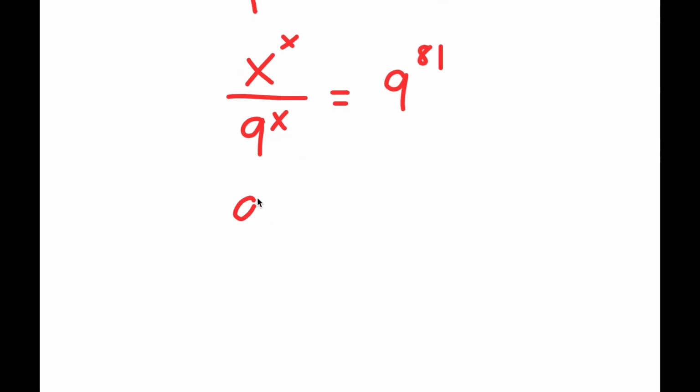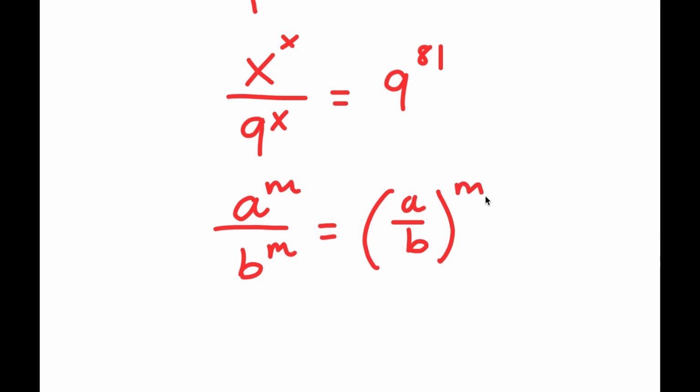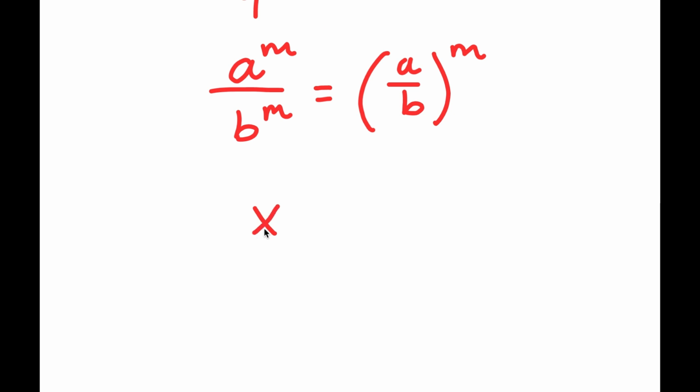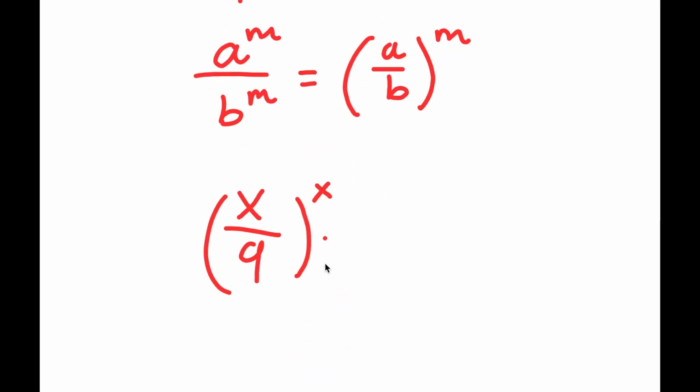Now, if I have something in the form a to the power of m over b to the power of m, this is equal to a over b to the power of m. So x to the power of x over 9 to the power of x, this is going to equal x over 9 to the power of x, which is equal to 9 to the power of 81.